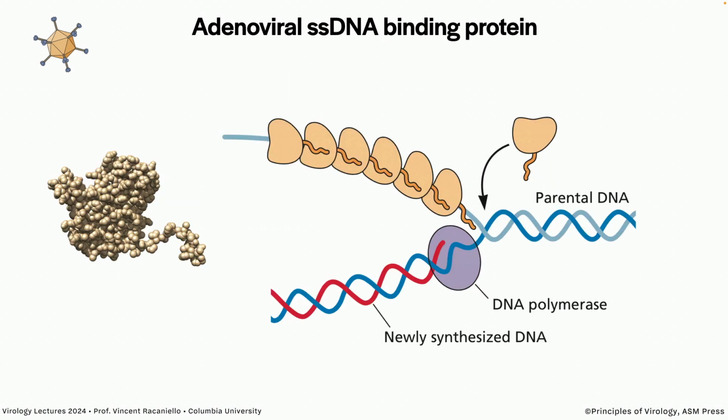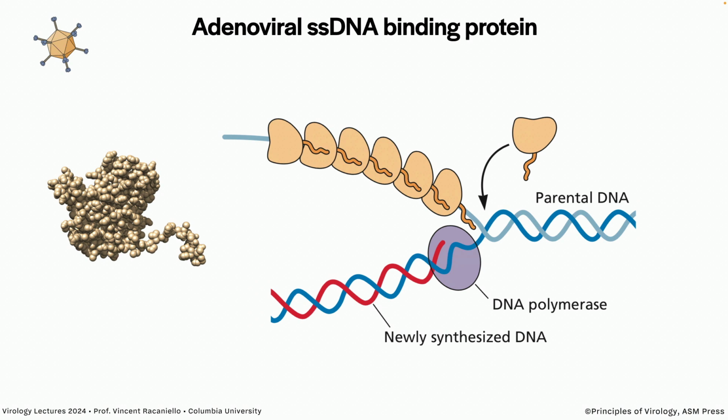This is an illustration of this single-stranded DNA binding protein. It's a viral protein whose job is simply to bind to the displaced strand. So what we have here is a template, parental double-stranded DNA. Here's a polymerase that's making double-stranded DNA from one strand. It's displacing the top strand, right? It's strand displacement.